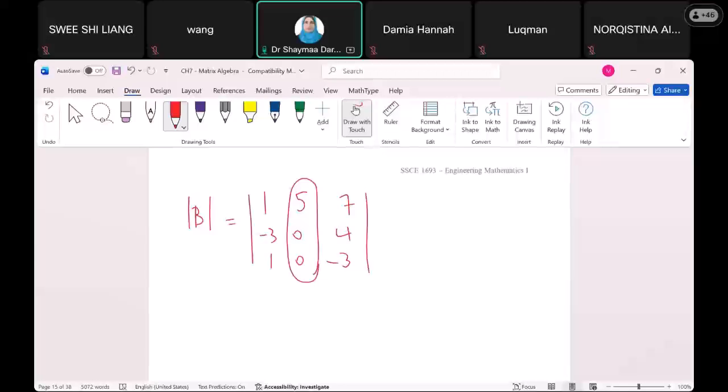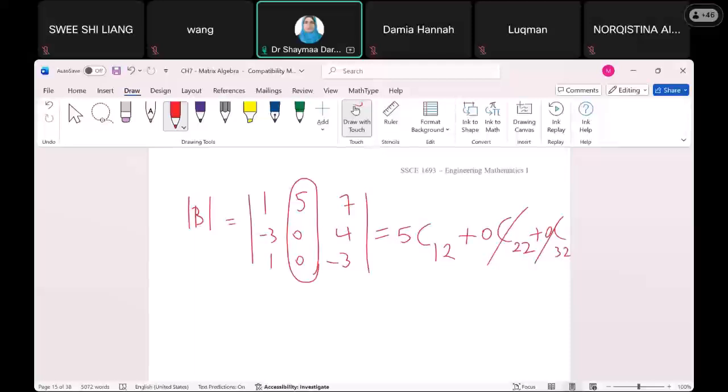So this will be equal to 5 times the cofactor first row, second column, plus 0 times the cofactor second row, second column, plus 0 times the cofactor third row, second column. But these will be cancelled. So the only one I need to evaluate is the cofactor 1, 2.